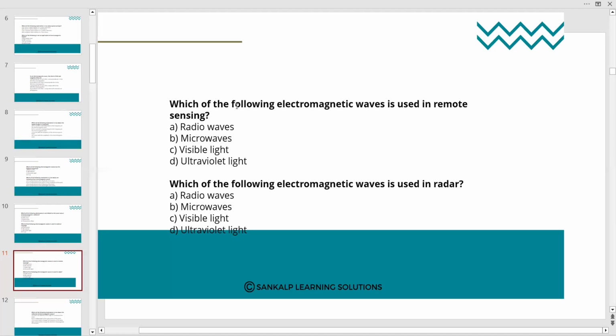Usually we use the infrared radiations, okay? So for the remote sensing, we are using the electromagnetic waves. In that, especially we use the IR radiations.